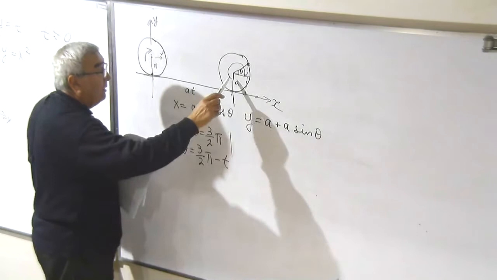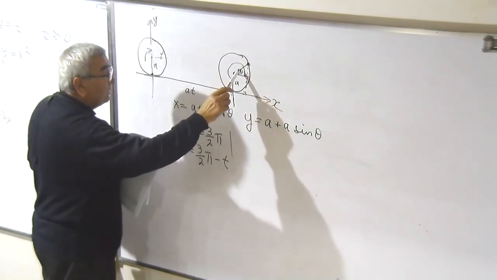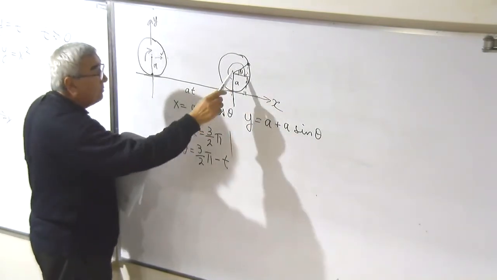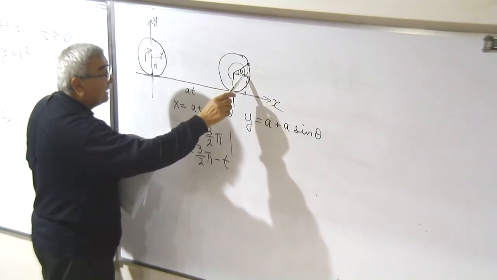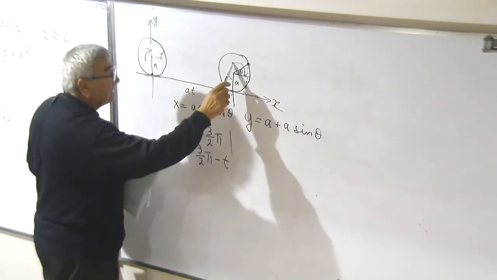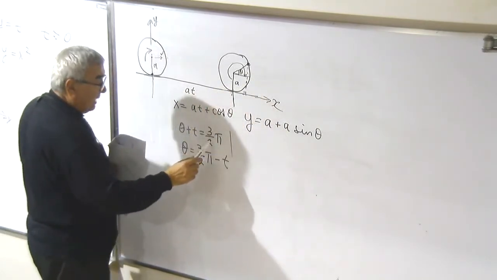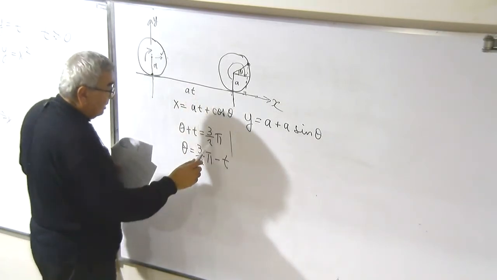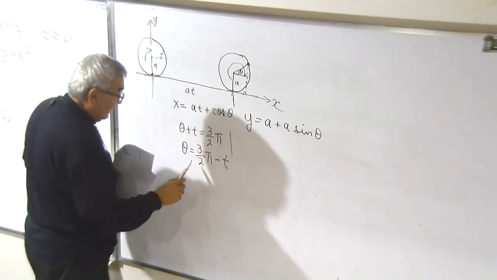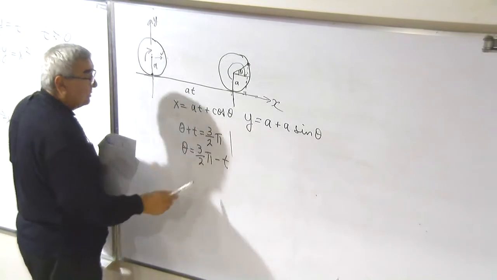Therefore, to angular velocity multiplied by time, you must add this angle theta, and you receive exactly 3 by 2 pi. From here you receive this one.